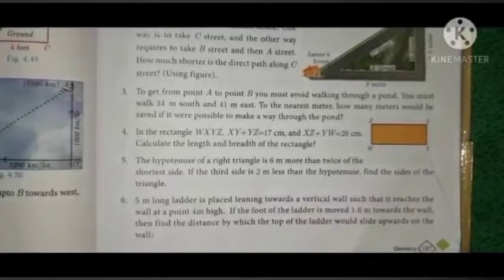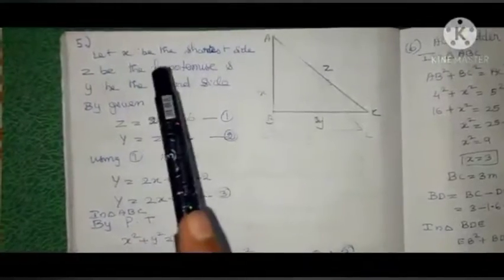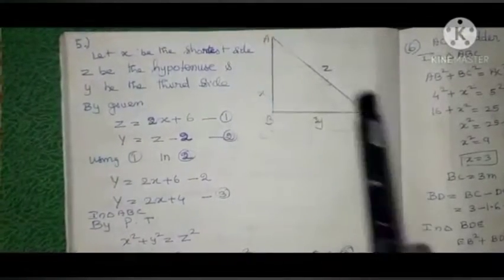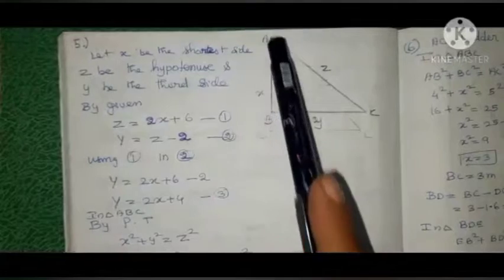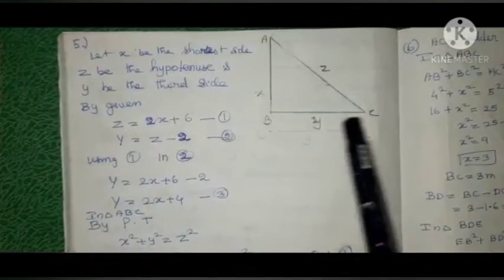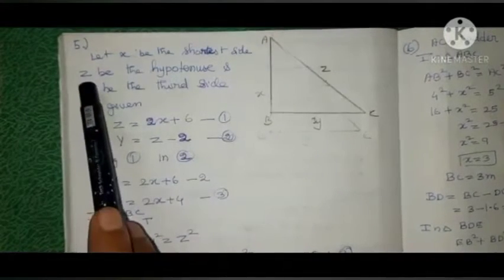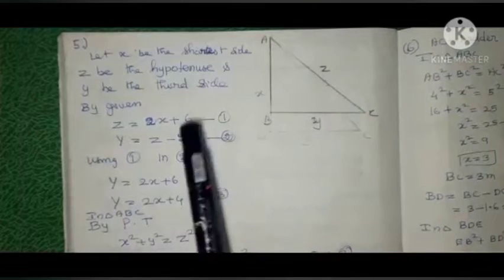Find the three sides of the triangle. From the question, you draw the triangle ABC. Here AB is shortest side, AC is hypotenuse, BC is third side.